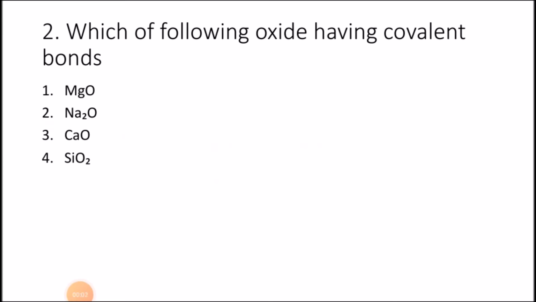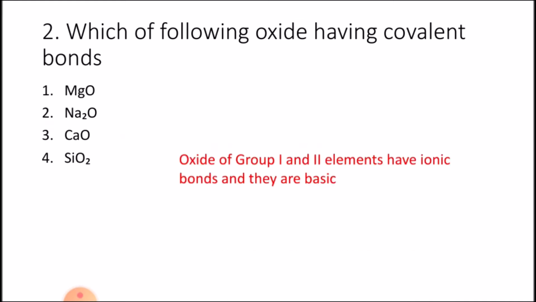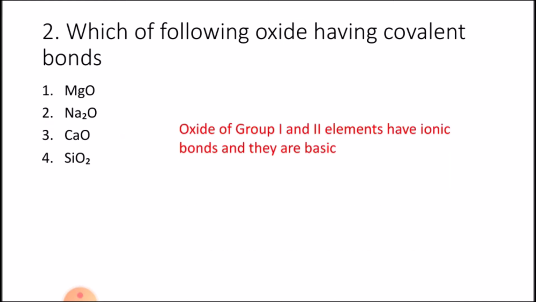Question number 2. Which of the following oxides has covalent bonds? Magnesium oxide, sodium oxide, calcium oxide, silicon dioxide. Sometimes elements form compounds by using covalent bonds or ionic bonds. The elements belonging to groups 1 and 2 form ionic bonds, and their oxides are basic.